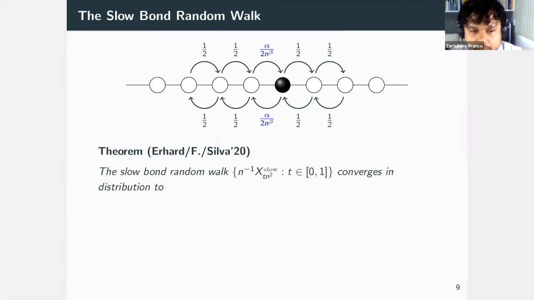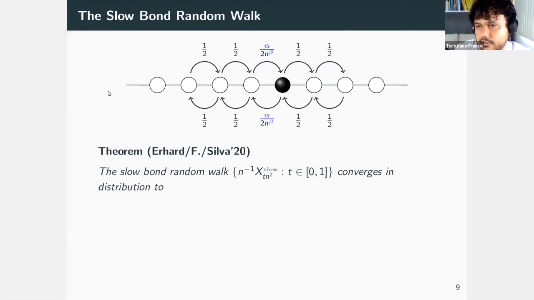My colleague Dirk Erhard and Diogo Soares da Silva, my former PhD student, in 2020 showed that this slow bond random walk converges in distribution to something. What's this n to the power minus 1 times the position of the slow bond? Recall the position of the slow bond is an integer.